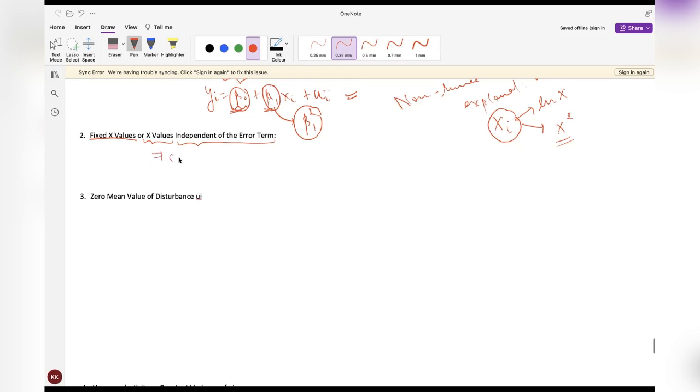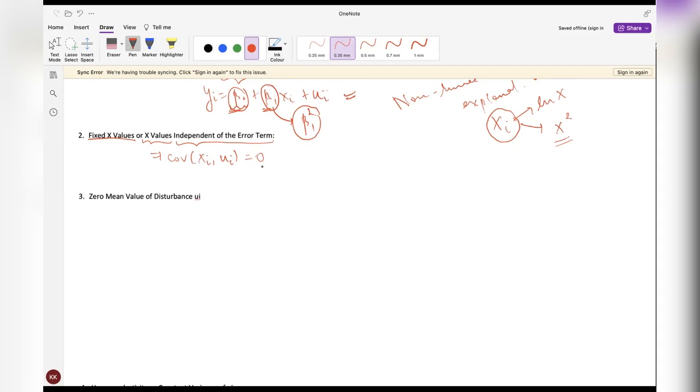This implies that the covariance of xi and ui should be equal to 0. And whenever covariance is 0, the correlation between these two is also 0. Why? Because the correlation between xi and ui is equal to the covariance of xi and ui upon the standard deviation of xi and the standard deviation of ui. If our numerator is 0, then our correlation is also 0, right?